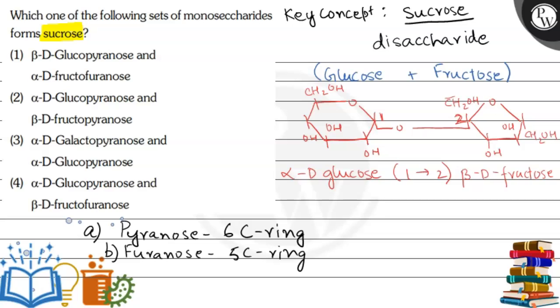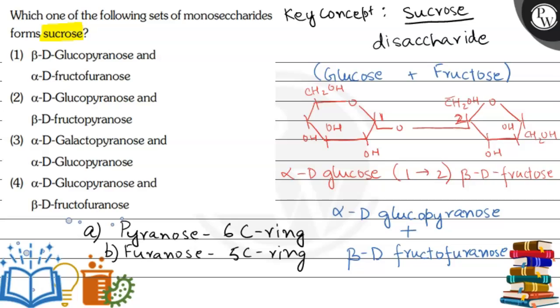Since the glucose in the sucrose molecule is in the 6-ring structural form, the glucose in sucrose is actually alpha D-Glucopyranose, and the fructose is in the 5-carbon ring structure. Therefore, the fructose will be beta D-fructofuranose.